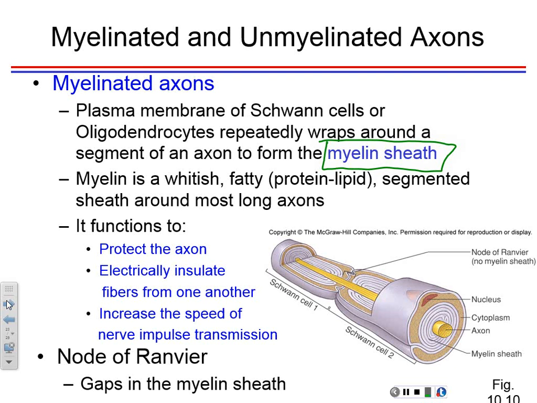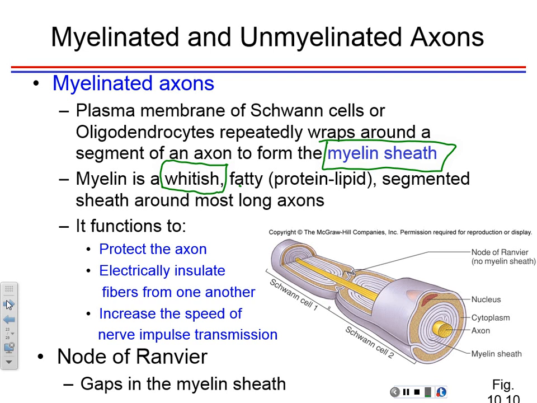It's whitish and fatty because it's got protein and lipids, and it's segmented, so that you see there's a part that doesn't have it, and there's a part that does. You see there's the nucleus of the Schwann cell, or of the oligodendrocyte if it's in the CNS, right?